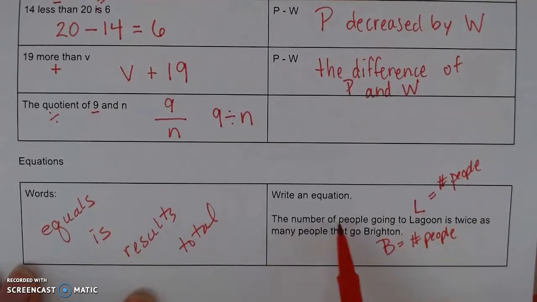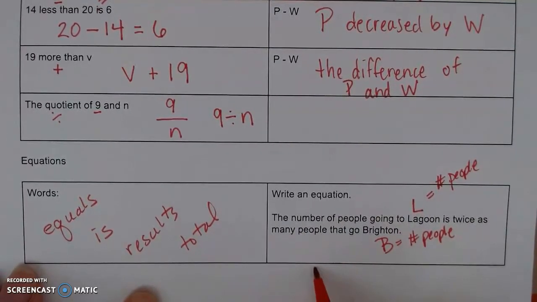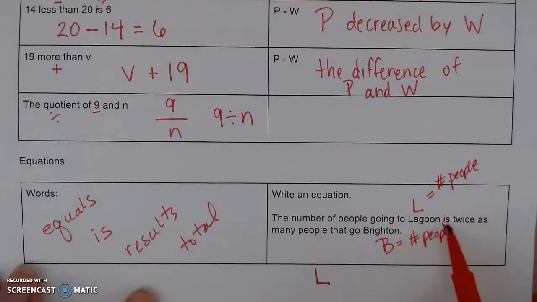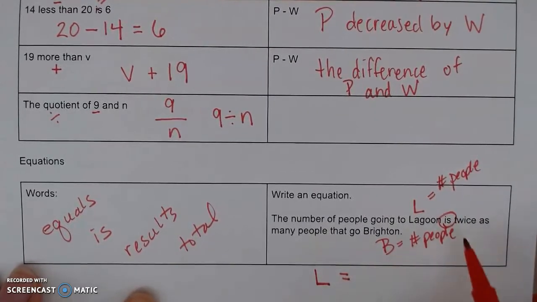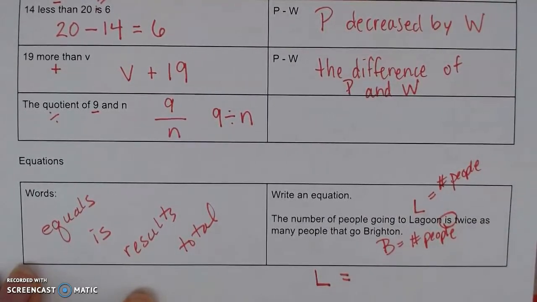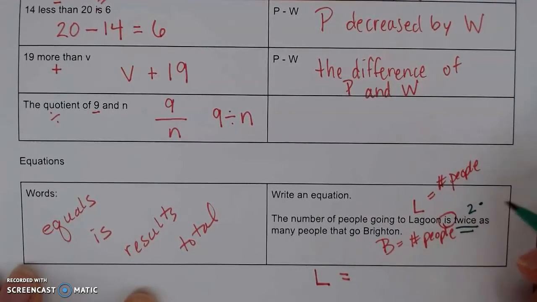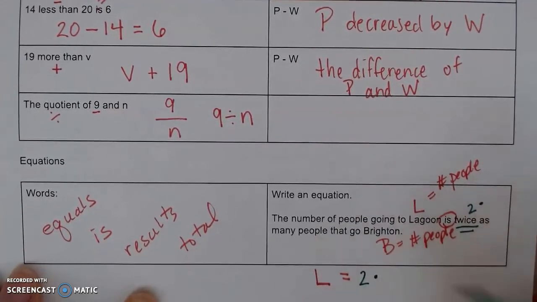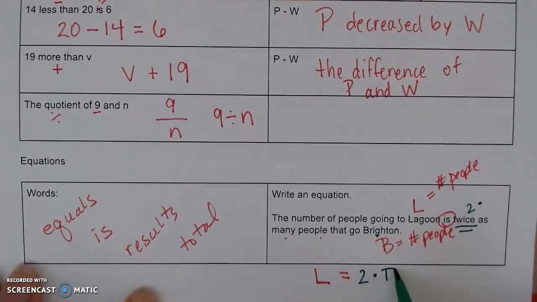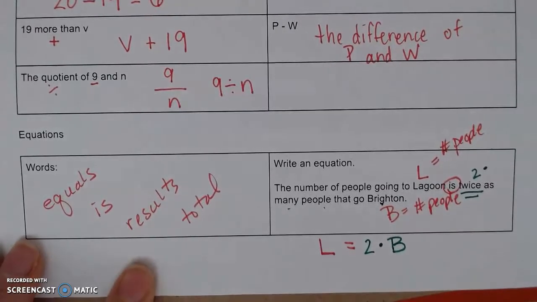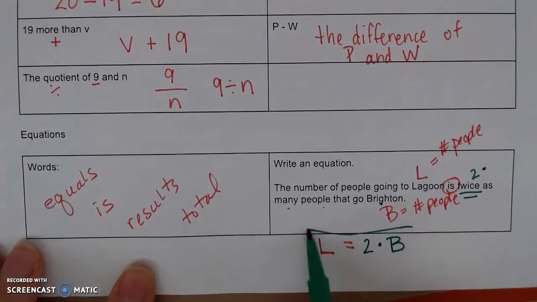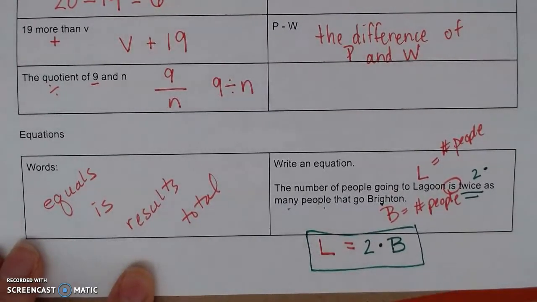So the number of people going to Lagoon, that's going to be L, is means equal, twice, this is kind of hard, but twice means 2 times. So 2 times as many people that go to Brighton. So that was B. So this would be my equation. If you are asked for an equation, you should see an equal sign.